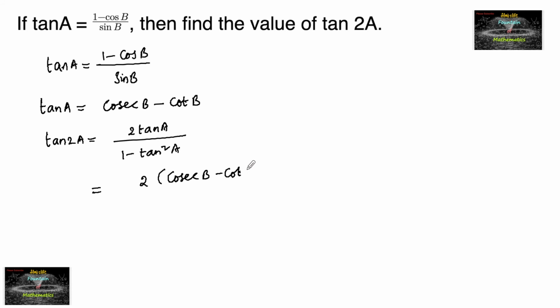Which equals 2 times cosecant B minus cot B upon 1 minus cosecant B minus cot B whole square.